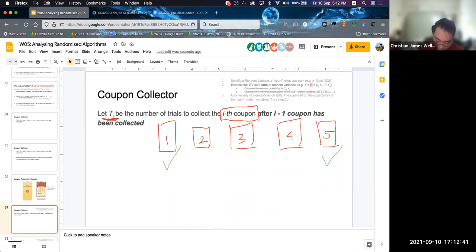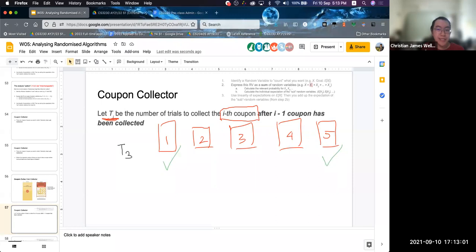Okay, so basically now we want to find T3. We are interested in T3 now because we have collected 2 coupons.